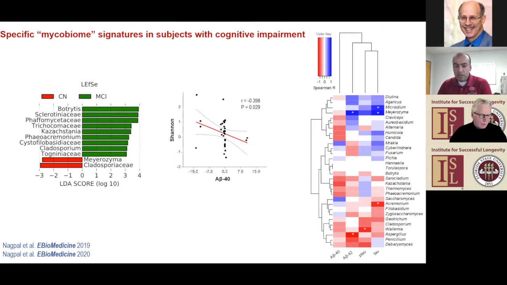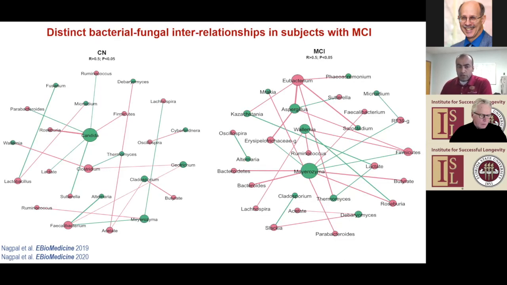And when we combined the data sets, we found that there were a few bacteria and fungi in the gut that were significantly correlated with brain markers of Alzheimer's disease. Integration of multiomics data, the bacterial microbiome, fungal microbiome, and metabolomics data, clearly showed that compared to cognitively normal counterparts, the patients with cognitive impairment had a very different networking and correlation or co-occurrence regulation between bacteria, fungi, and short chain fatty acids.